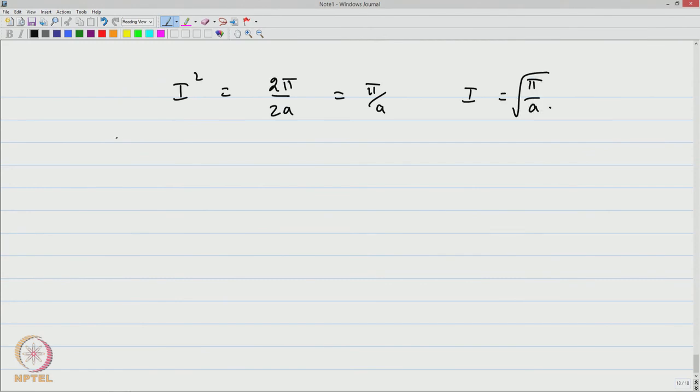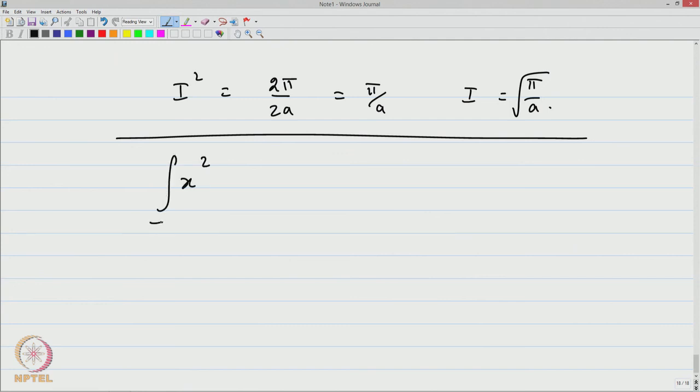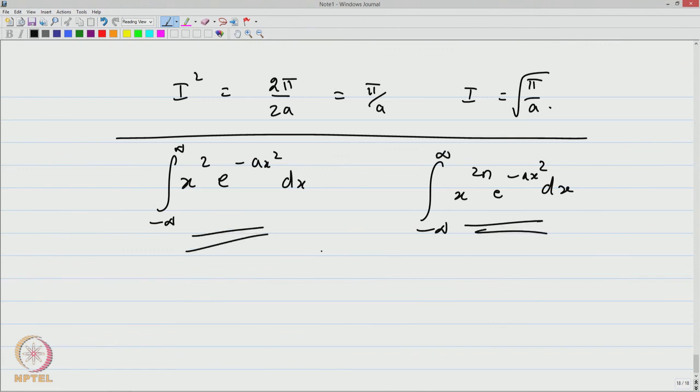Okay. This is extremely important, and any further integration, x square e to the minus a x square dx from minus infinity to plus infinity, or x raised to 2n e to the minus a x square dx from minus infinity to plus infinity, any of these integrals can be done from the elementary integral through a sequence of steps, and there are general formulas for this.